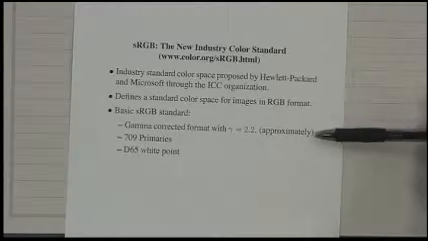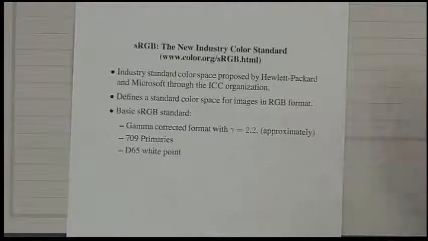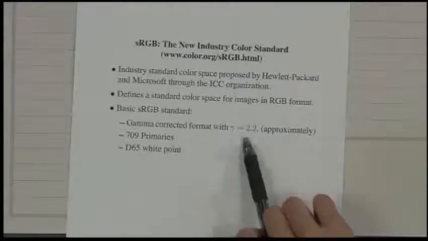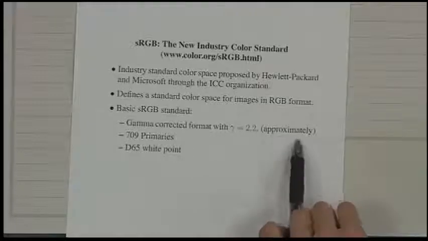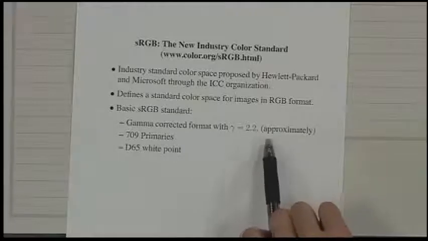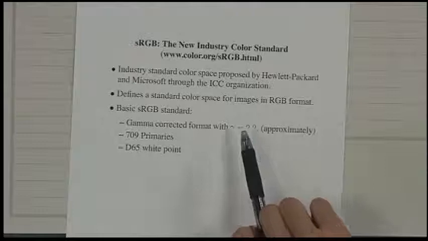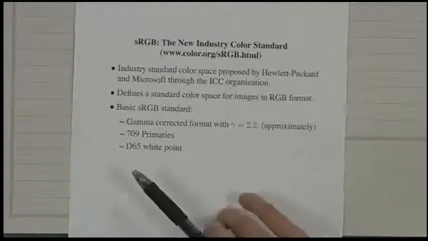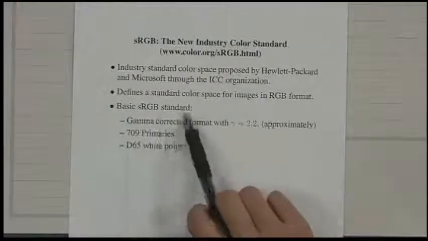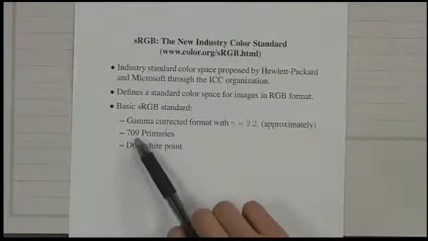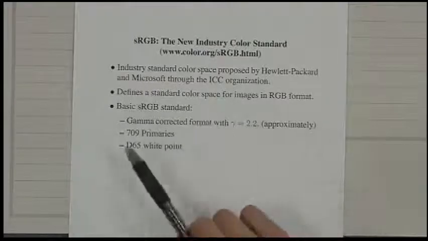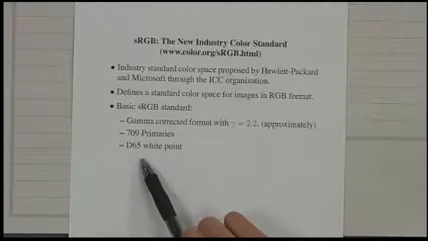So for the moment, we can think of this gamma correction as the power law that we have been talking about, with gamma equal to 2.2, but we will talk more later about what this approximation means. The actual gamma correction is not really a power law, but for the moment, let's think of it as one. sRGB also defined the primaries to be the BT.709 standard primaries, and the white point to be the D65 illuminant.